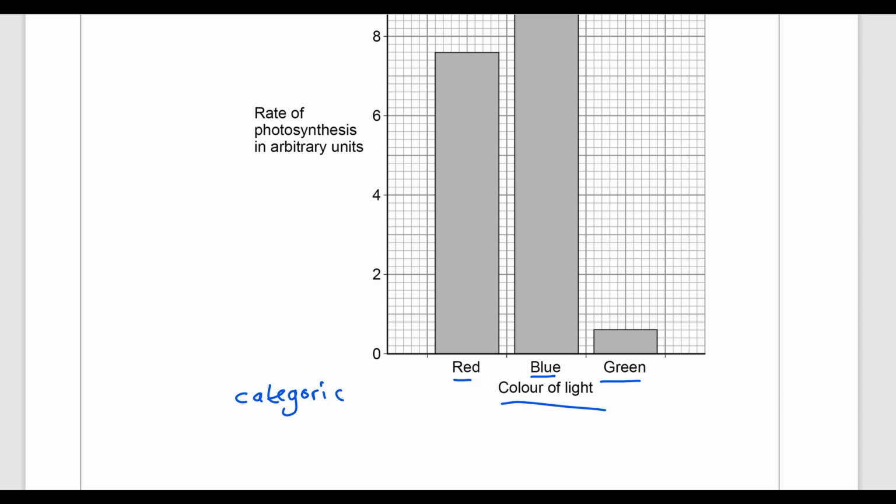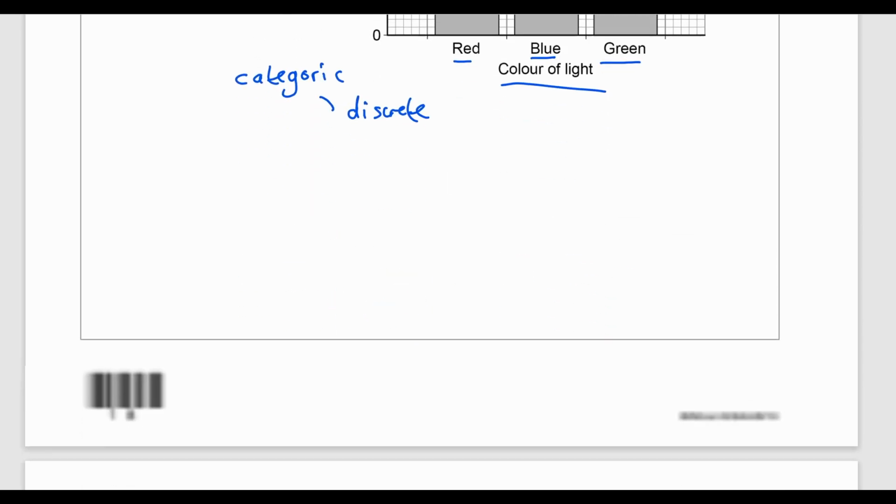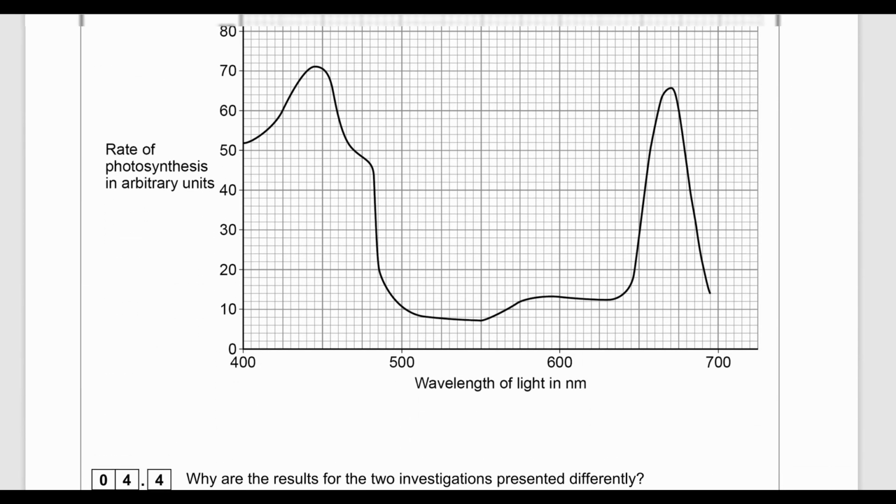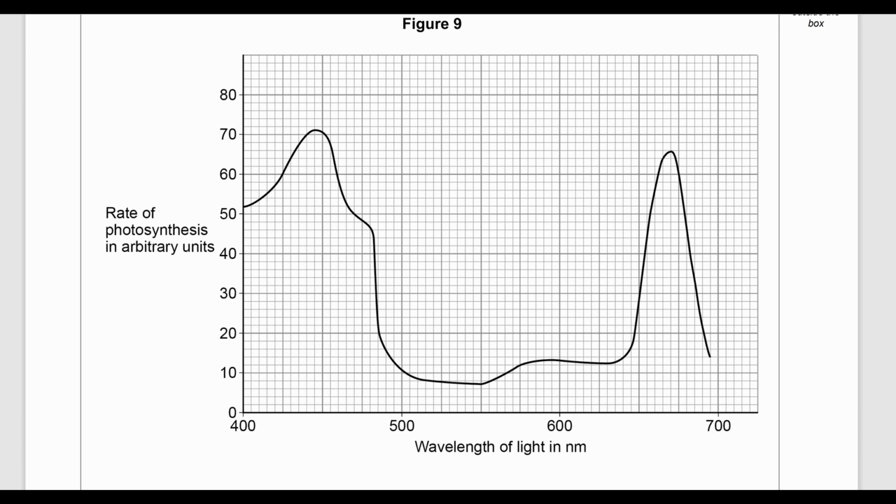So any time that we use a bar chart is because some of our data is in categories, and we classify that as discrete or discontinuous data. Looking at figure 9 now, again we've got rate of photosynthesis, but our x-axis is the wavelength of light.